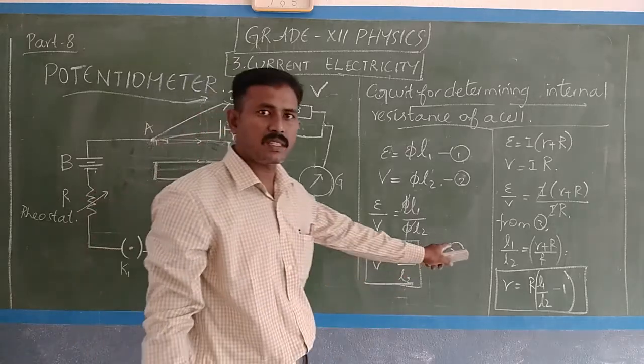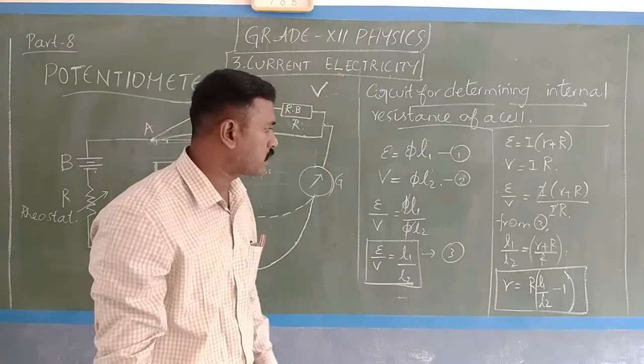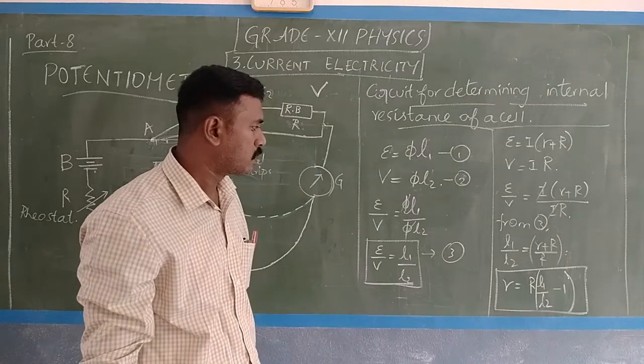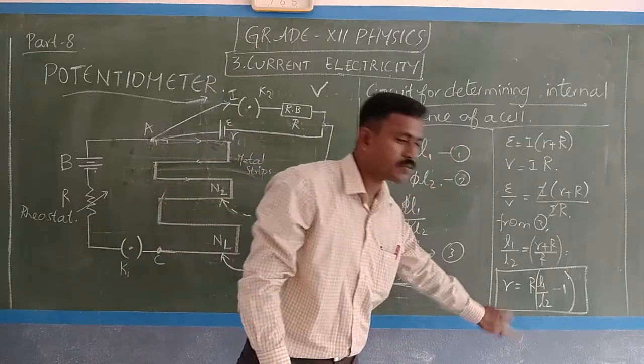Rearranging the values, I get this. So this is the internal resistance value.